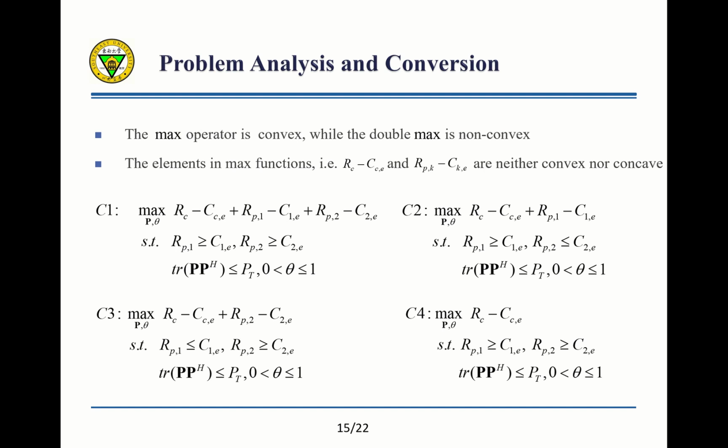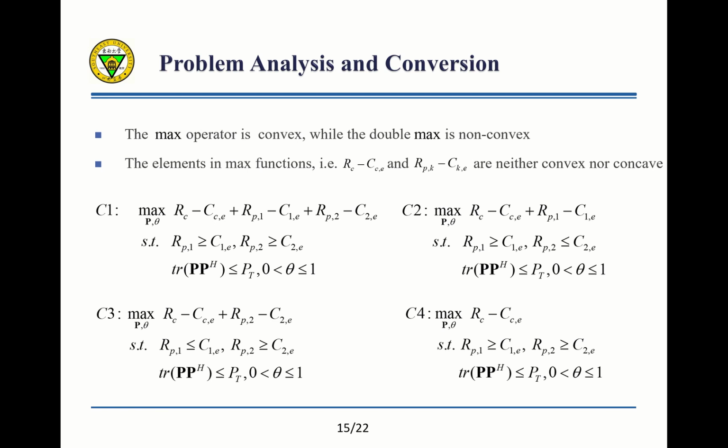To simplify the original optimization problem, we first decompose it to draw the elements out of the max operators. Then we perform a series of linearizations to deal with its non-convexity.